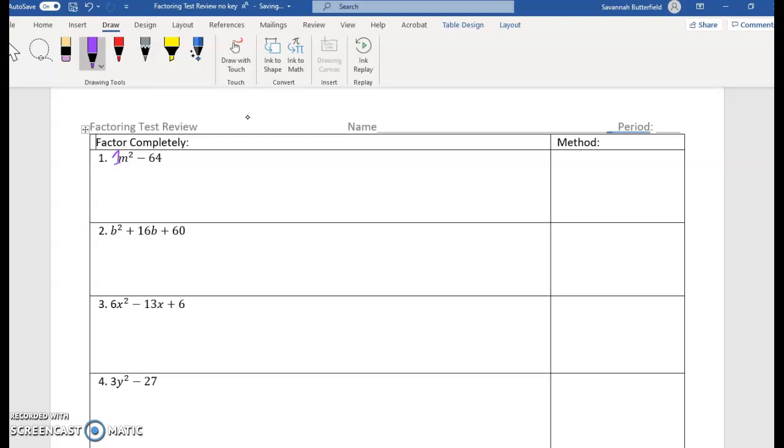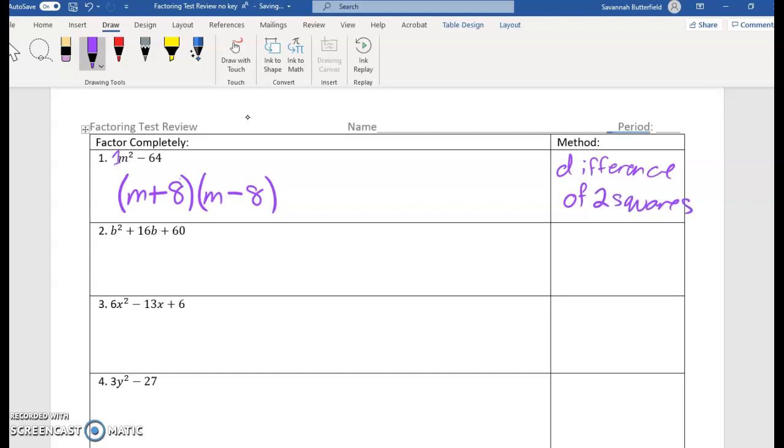The only one we know is a difference of two squares, so that means we're going to have two factors. Remember, one has a plus sign and one has a minus sign. The square root of m squared is m, and the square root of 64 is 8. So in this case, the only method we used was difference of two squares.